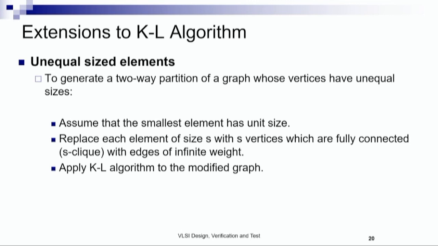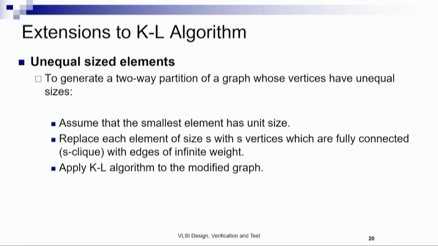The next extension to the Kernighan and Lin algorithm is to generate a two-way partition of a graph whose vertices have unequal sizes. In the version of the Kernighan and Lin algorithm that we just studied, all of these vertices have the same size, let us say unit size.